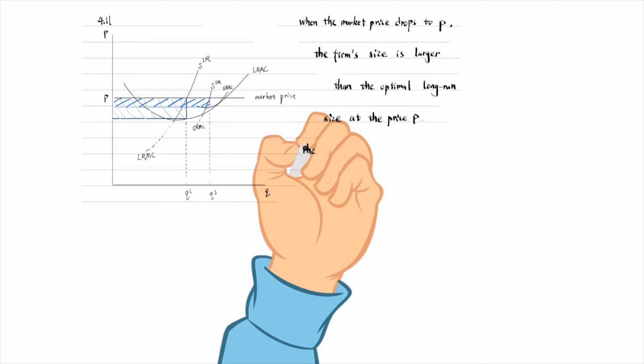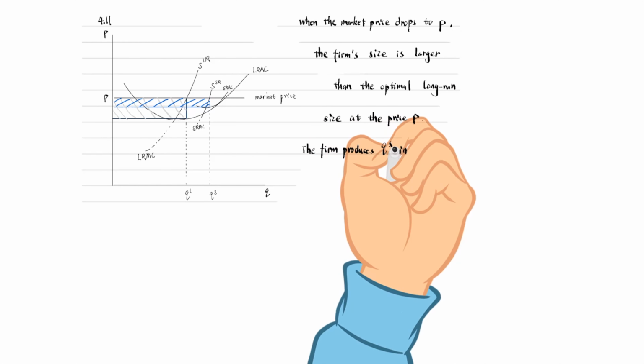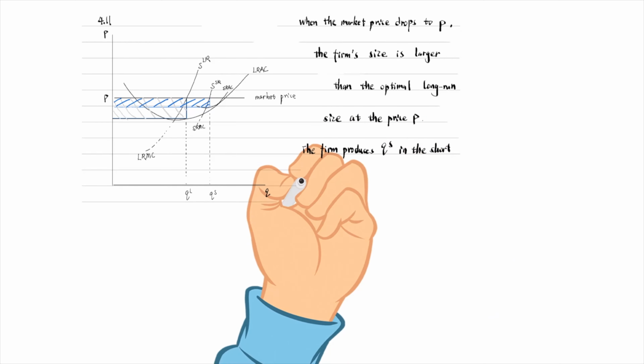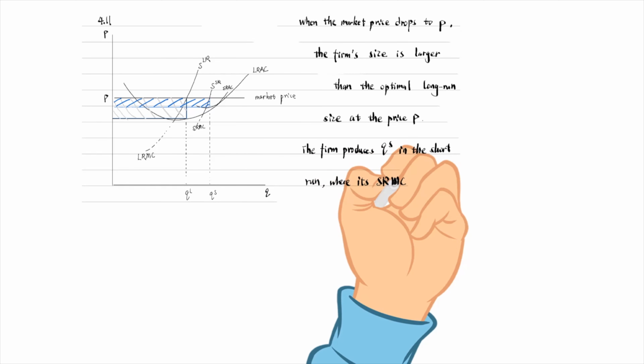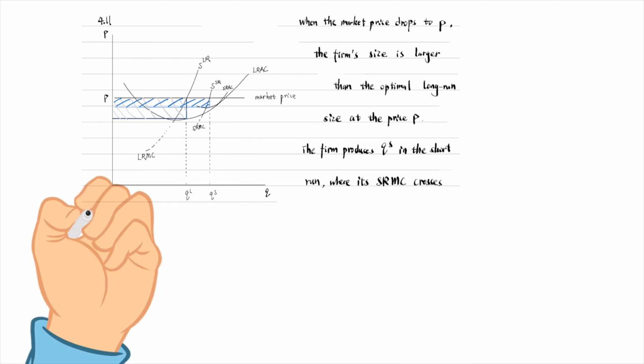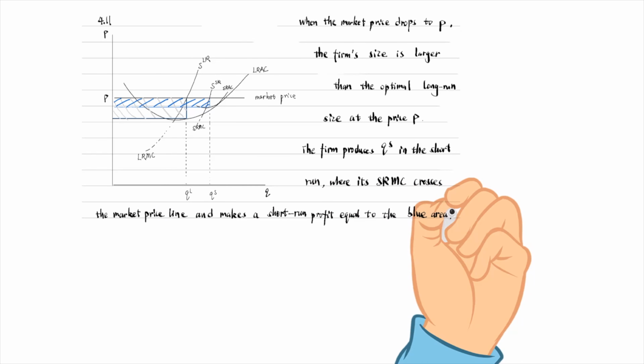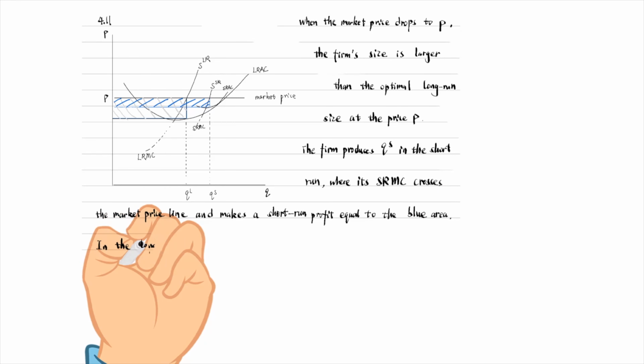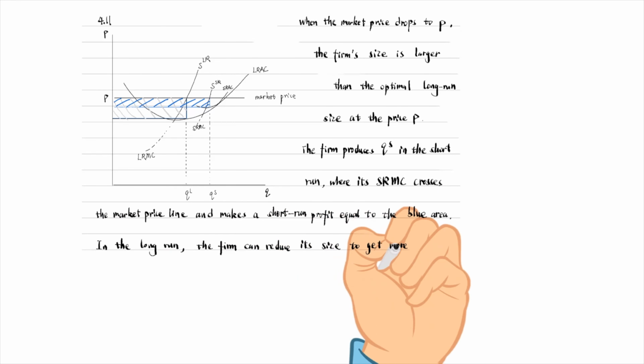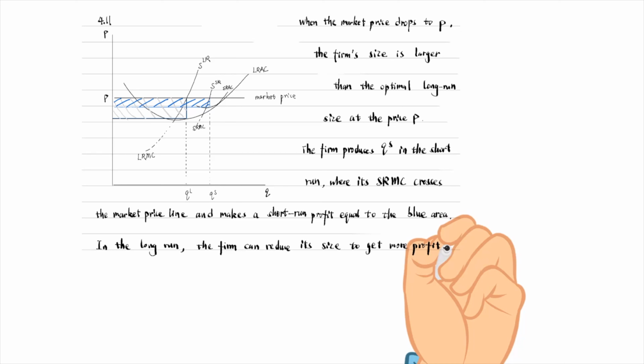The firm produces QS in the short run, where its short-run marginal cost curve crosses the market price line, and makes a short-run profit equal to the blue area. In the long run, the firm can reduce its size to get more profit.